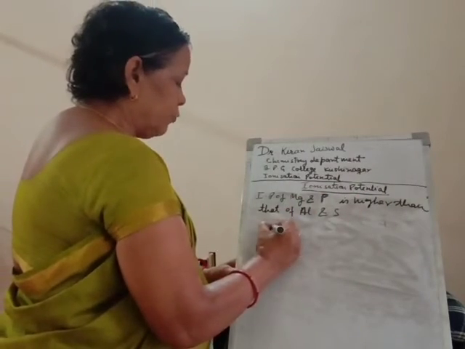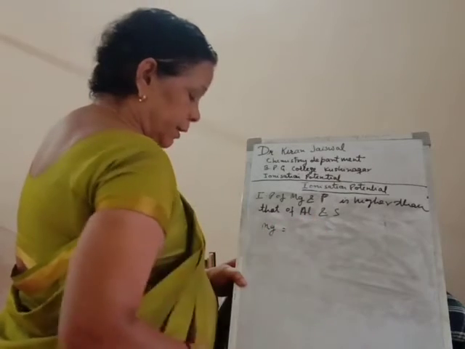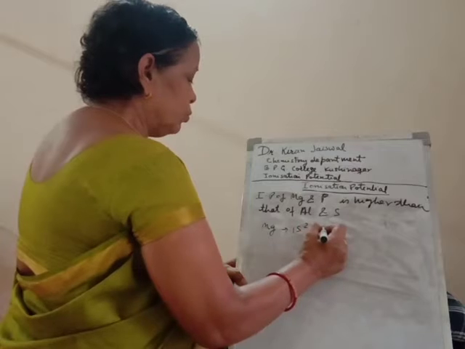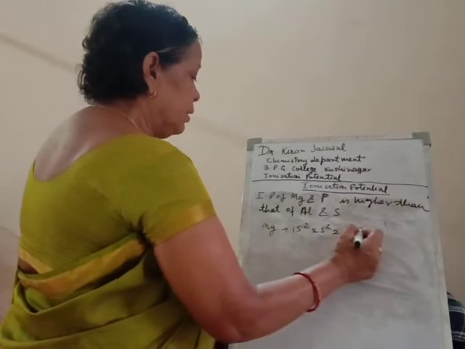Similarly, the electronic configuration of magnesium, atomic number 12, is 1s2, 2s2, 2p6, 3s2.